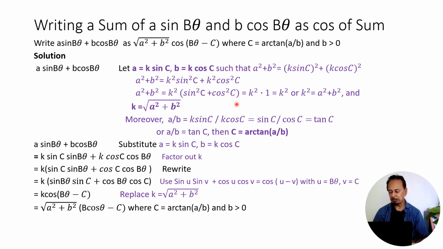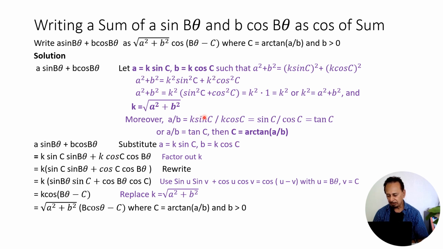We know sine square c plus cosine square c is 1. So this becomes k square times 1, which is k square. Now we can rewrite this: k square equals a square plus b square. If we take the square root, we get k equals the square root of a square plus b square. Moreover, if I divide a by b, then this equals k sine c over k cosine c.